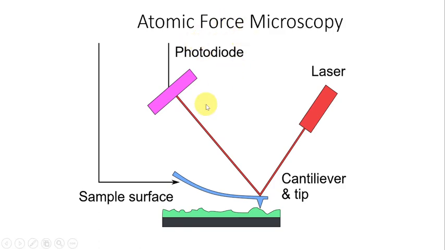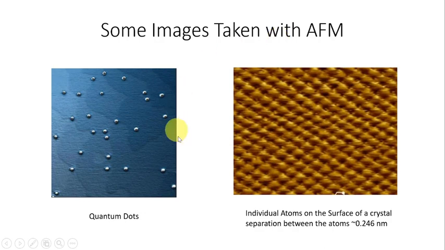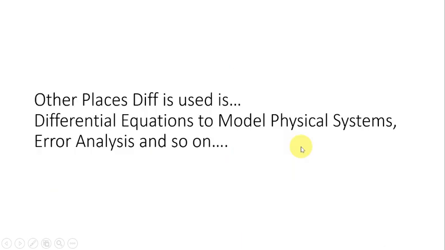In such a situation, if you use atomic force microscopy, you will be able to get pictures like these. For example, on the left side, what you're seeing is quantum dots, quantum arrays. Here we are studying quantum dots, and here you are studying individual atoms.